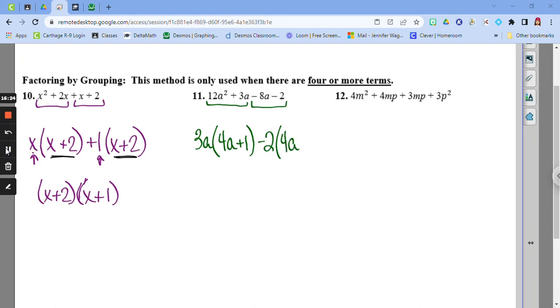Negative 2 divided by a negative 2 is a positive 1. So this is why, because I needed a positive 4a plus 1. So my common factor is 4a plus 1, and then 3a minus 2.